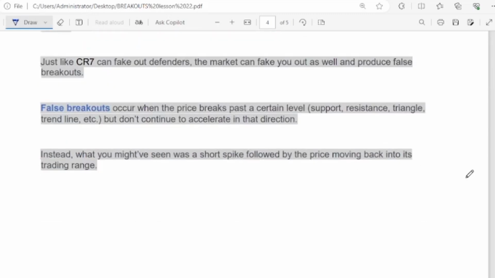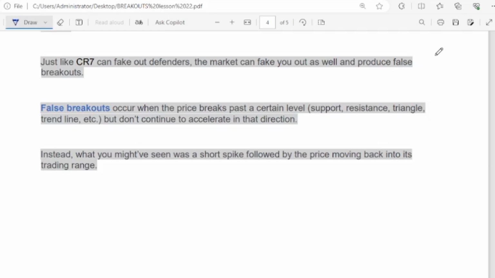Okay, let's take an example. Remember, in football, CR7 or Cristiano Ronaldo can fake out the defenders. For example, if Cristiano Ronaldo has the ball, showing the defenders he is going to shoot or continue forward, and changes his mind and takes the ball back to Evra or Marcelo, that's where Ronaldo is faking the defenders.